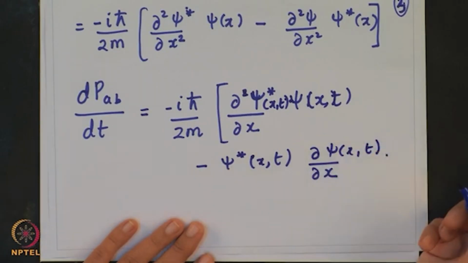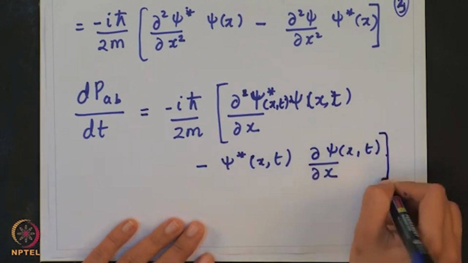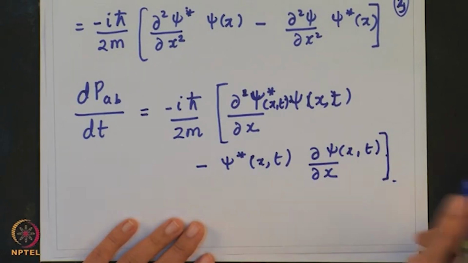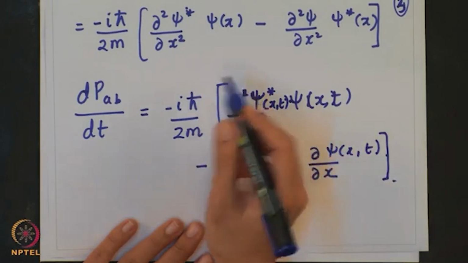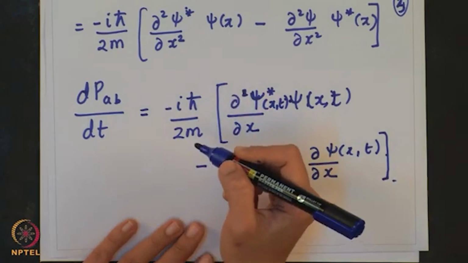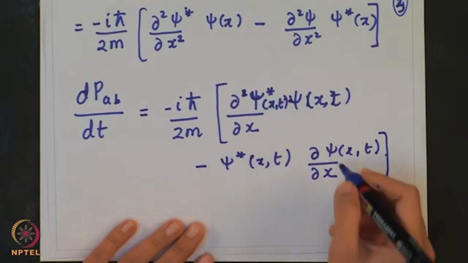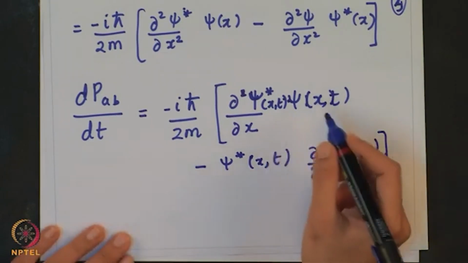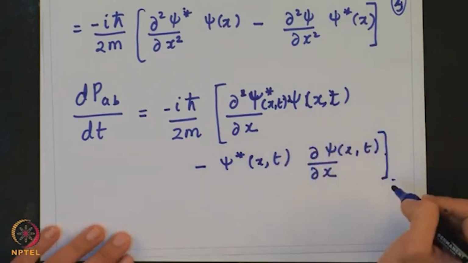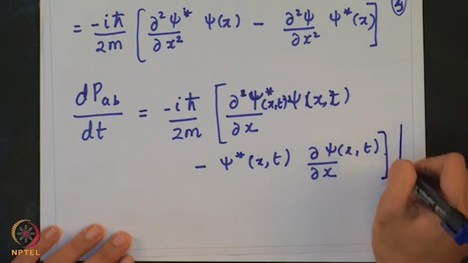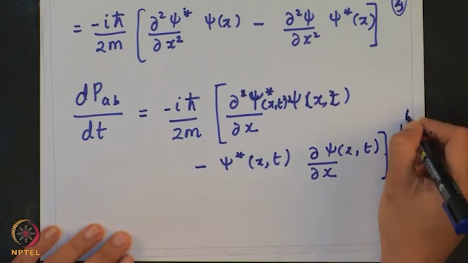Okay. So, this is the form you get when you perform, or rather even before doing integration by parts, you have this form. And then you can rewrite this; you have to put the limits of integration.